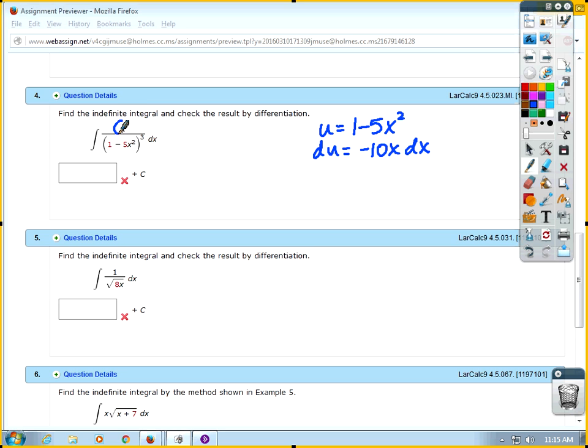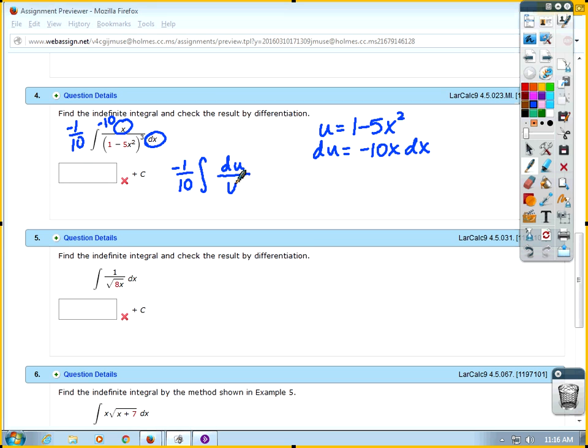I have an x in the numerator, so there's my x dx, but I'm missing a negative 10. If I put a negative 10, I have to compensate with a negative 1/10 in front of my integral symbol. So the problem would become negative 1/10, and then rewriting everything with our u and du, we would have du over u cubed.